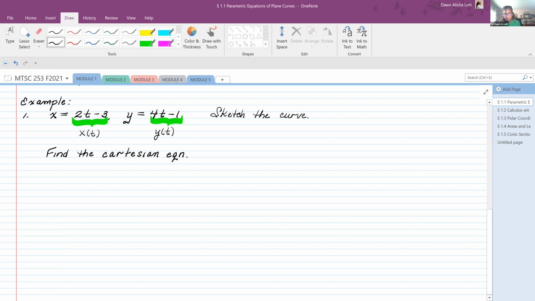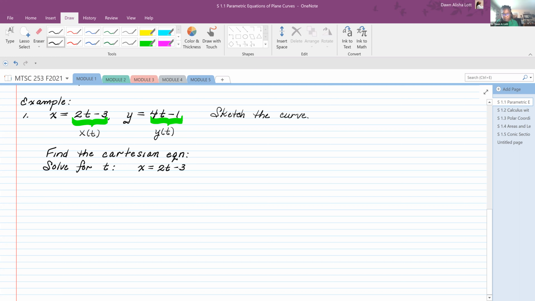EQN is equation. So that means I want to solve for t. I have x is 2t minus 3.